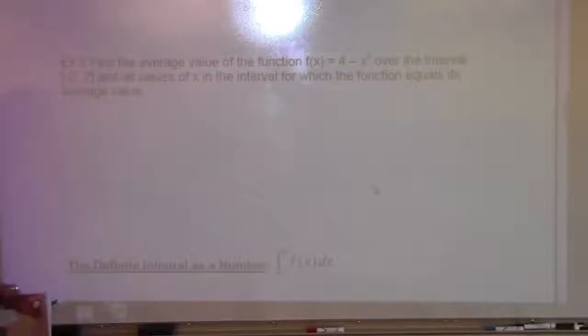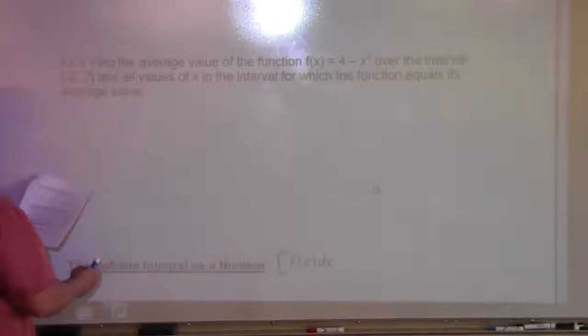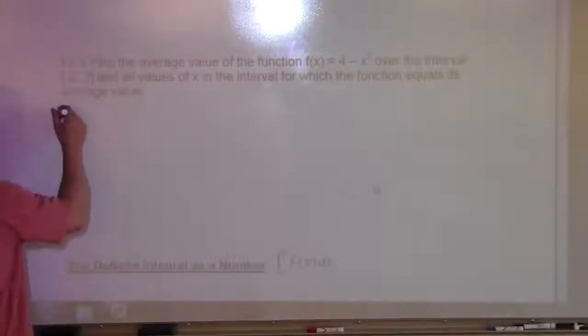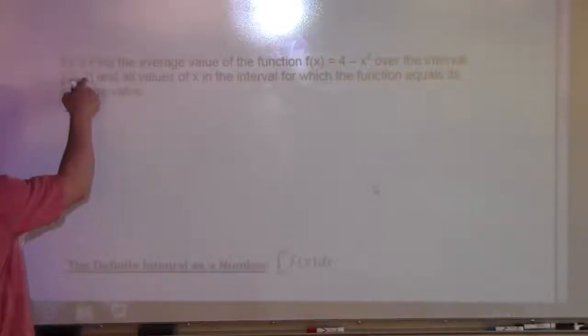Let's find the average value of the function f of x equals 4 minus x squared over the interval from negative 2 to 2, and all values of x in the interval for which the function equals its average value. So we're looking at 1 over, that's our b, that's our a.